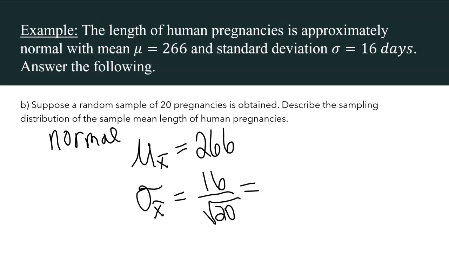So if we do 16 divided by the square root of 20, we end up getting approximately 3.5777, but if we round it to 3 decimal places, it'll be 3.578. So that would be the standard deviation of our sample mean.